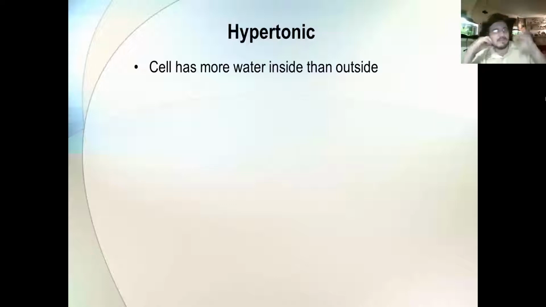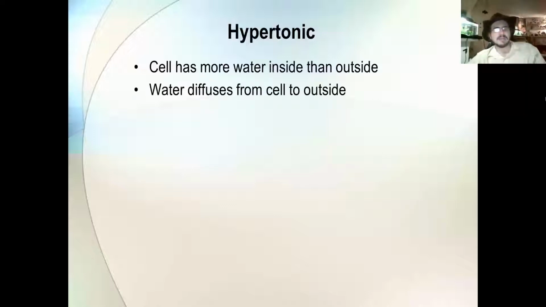And so you have a lower concentration of water surrounding the cell by default, because there's salt taking up space that could have been water. So, in this case, there's a higher concentration of water inside the cell versus outside the cell. So water is going to exit the cell. It diffuses across the membrane to the outside environment.